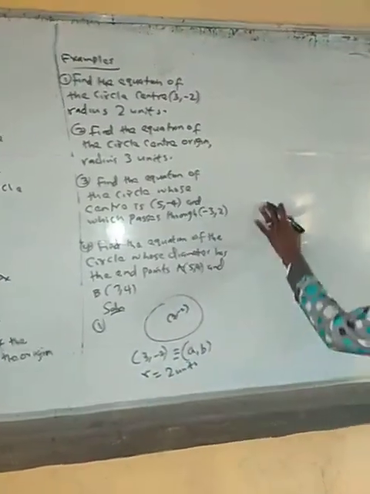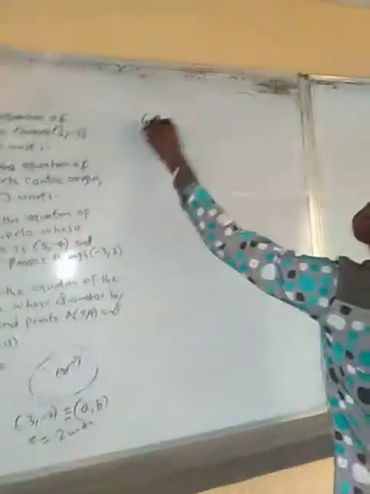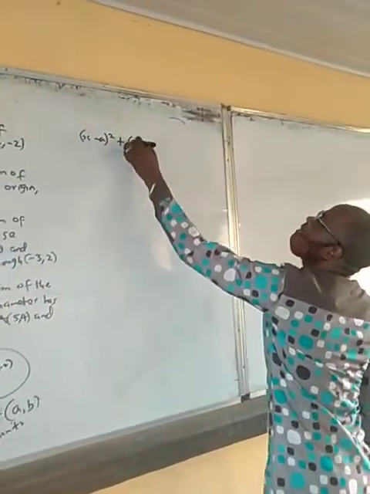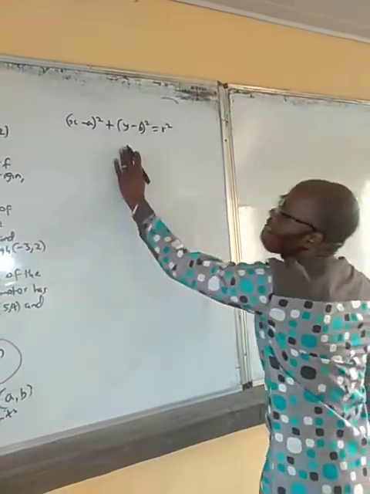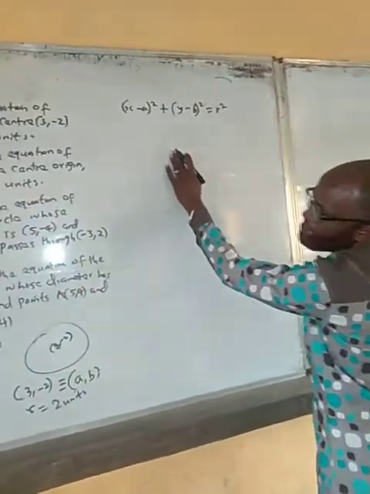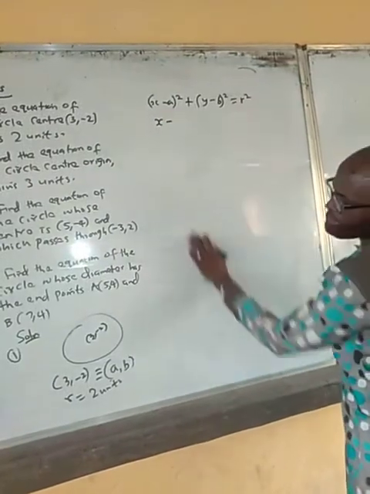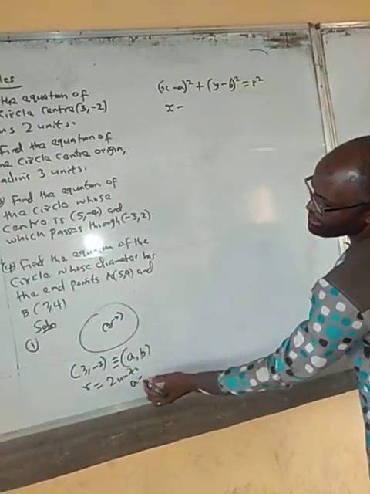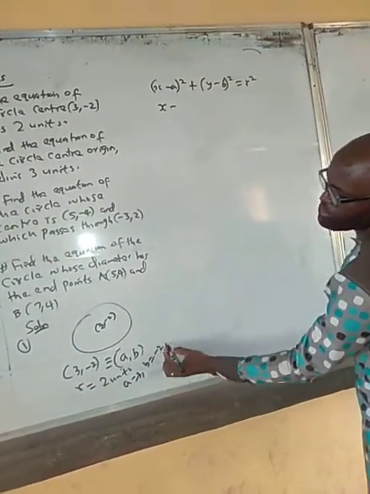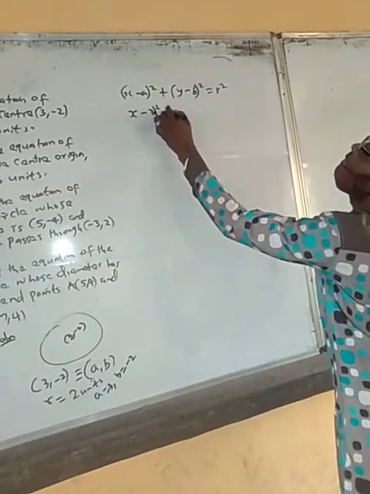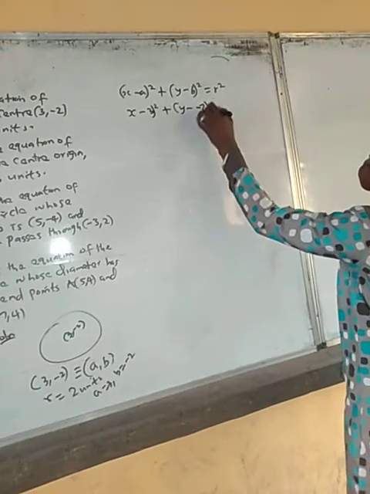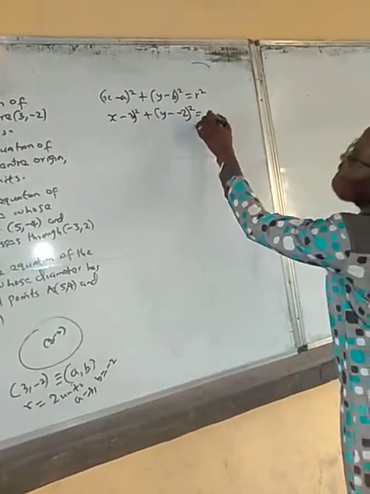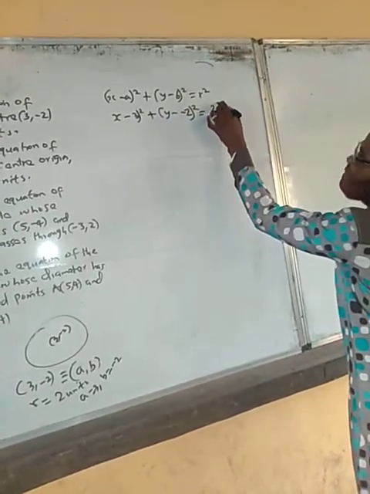The equation of a circle is (x minus a) squared plus (y minus b) squared is equal to r squared. So we have (x minus 3) squared plus (y minus minus 2) squared is equal to r, which is 2 units, that's 2 squared.